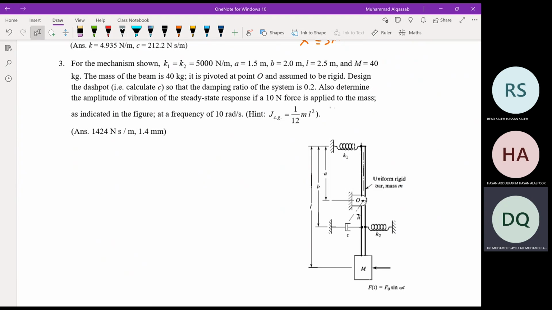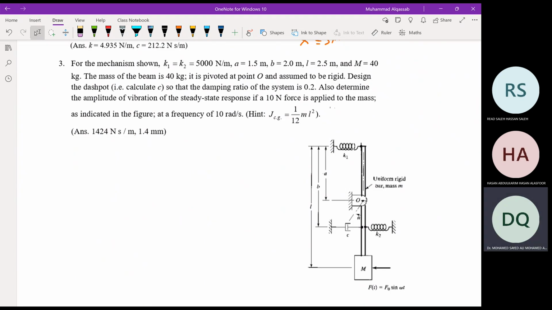The mass of the beam is also 40 kilogram. It is pivoted at point O and assumed to be rigid. Design the dashpot, i.e. calculate C, so that the damping ratio of the system is 0.2. Also determine the amplitude of the steady state response if a 10 Newton force is applied to the mass as indicated in the figure at a frequency of 10 radian per second, and take JCG equal to 1 over 12 ml squared.